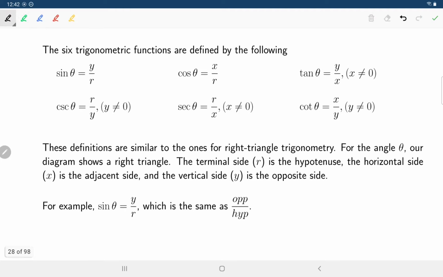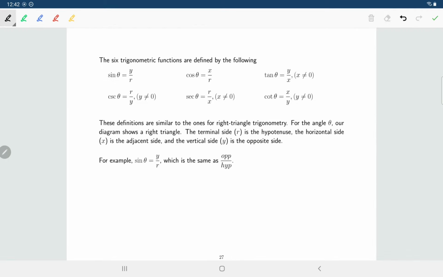So, for example, we are defining sine of theta as being y over r, but remember that y was the opposite side on our little triangle and r was the hypotenuse. So in other words, it's the same definitions, just rewritten in terms of x's and y's and r's rather than opposites, hypotenuses, and adjacents.